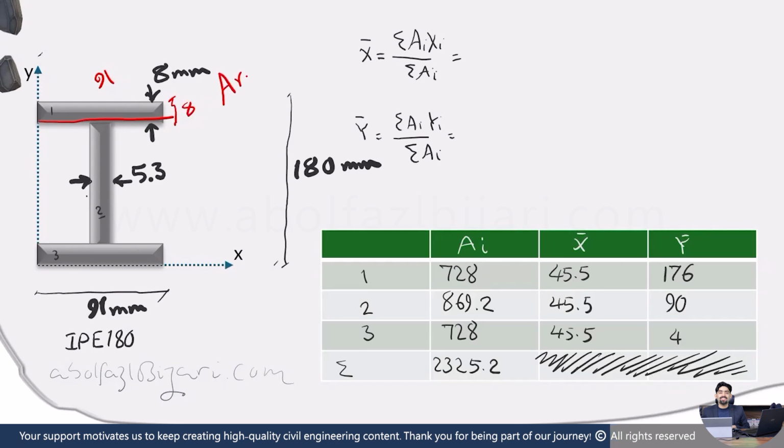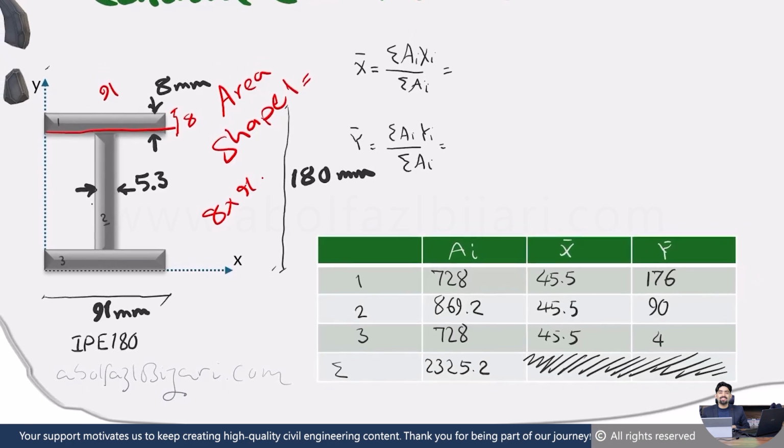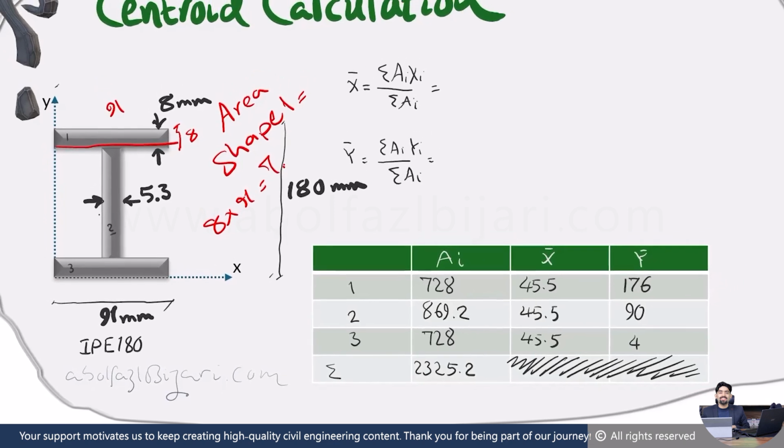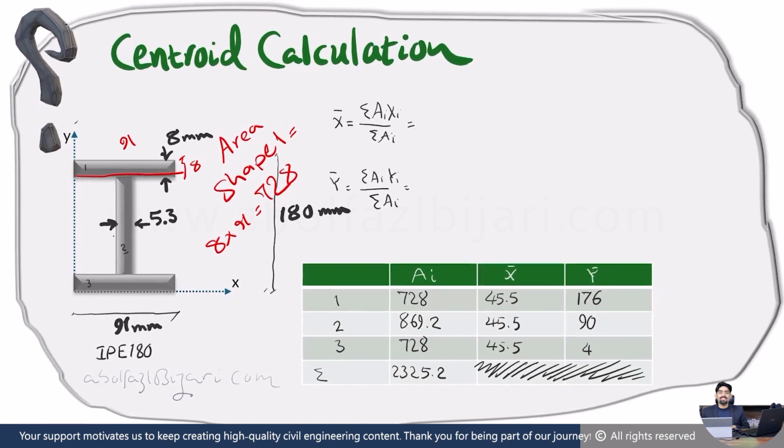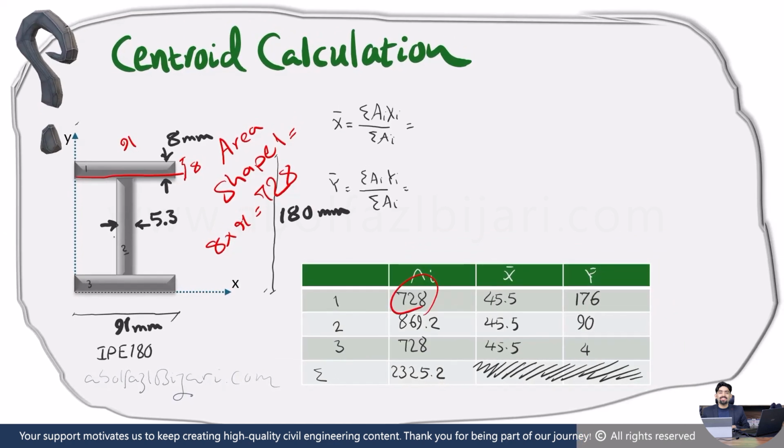The area of shape 1 is 8 multiplied by 91, which is 728.